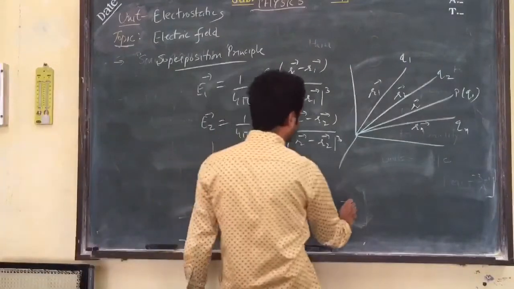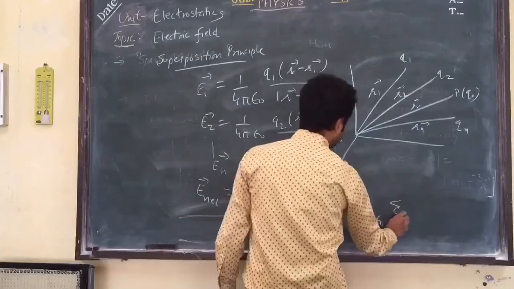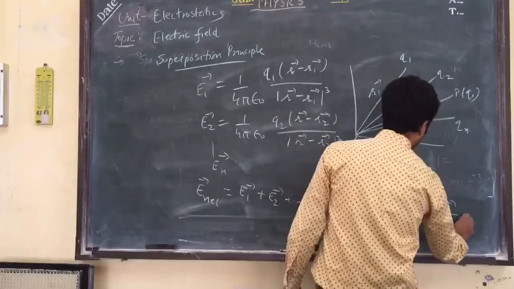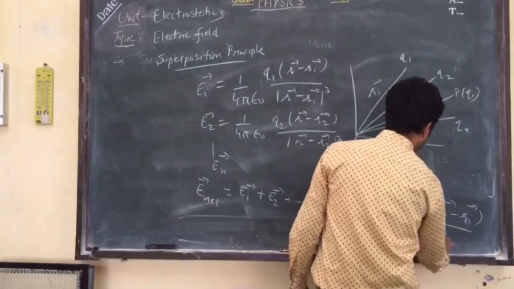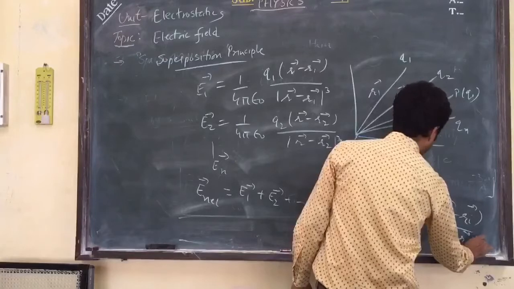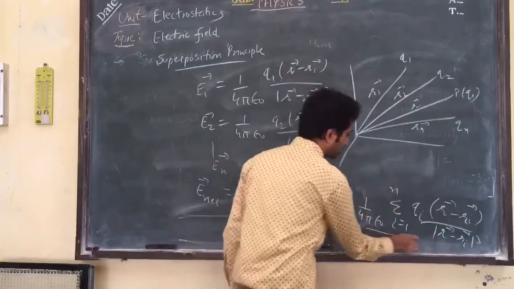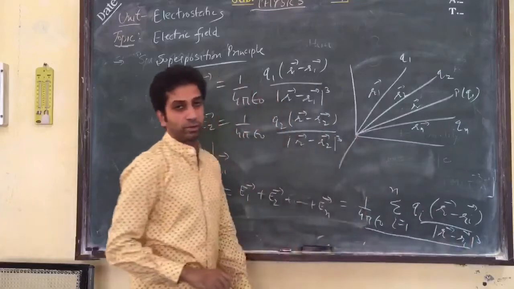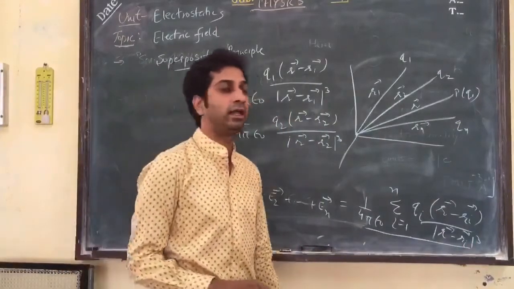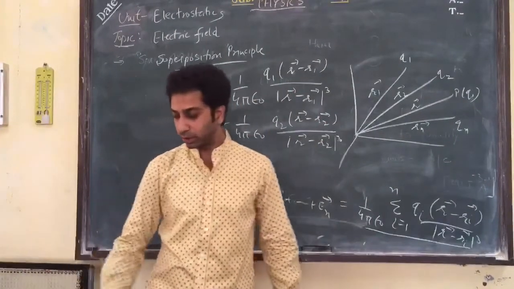You can write it in short form also, that is 1 by 4 pi epsilon summation Qi (R minus Ri) divided by magnitude of R minus Ri cubed, i equal to 1 to n. So this is the short form to represent the net electric field intensity due to n number of charges, and this is called the principle of superposition.